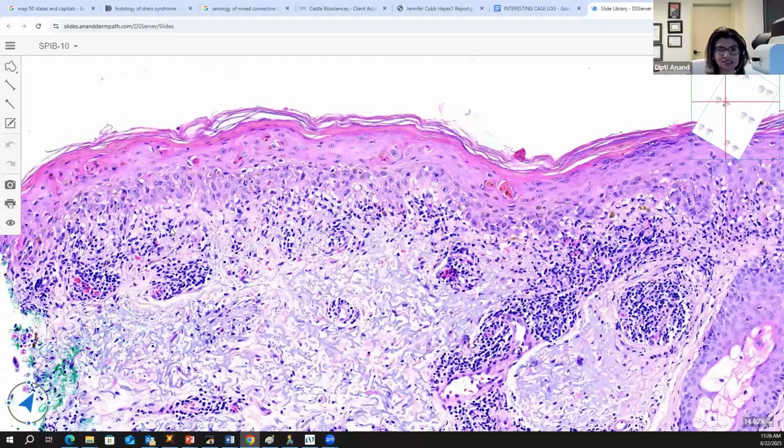Things like SJS and TEN are included in the category of EM, right? And for SJS and TEN, you want to see the lacy epidermal sign, a dead epidermis. Simple to remember: acute interface, 4 diseases: acute GVHD, EM, fixed drug, and pityriasis lichenoides. So among those 4, which one do you think this is?